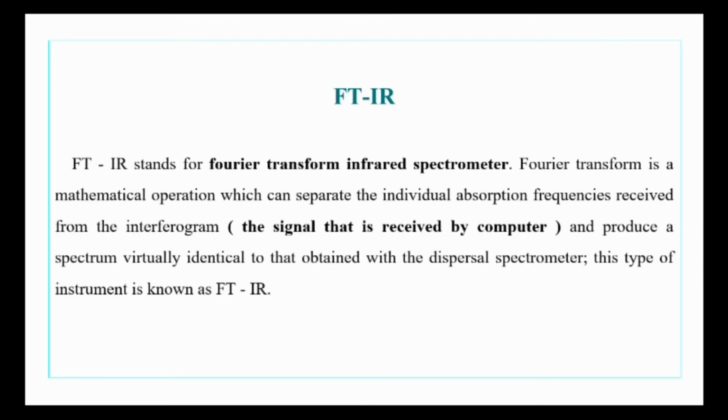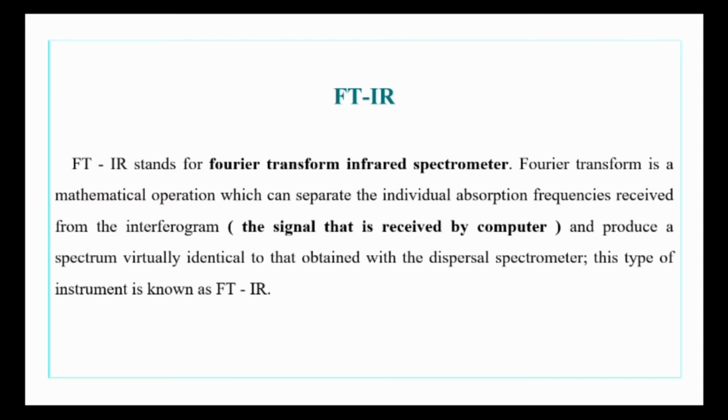Now we will discuss our today's main topic, which is FTIR. We were discussing IR till now. Now we will start FTIR. So what is FTIR? FTIR stands for Fourier Transform Infrared Spectrometer. FTIR is an instrument.